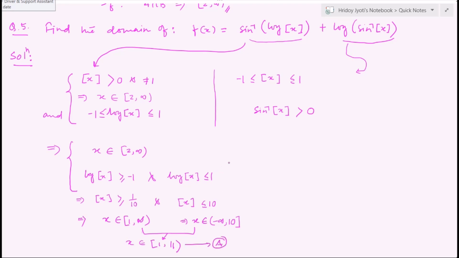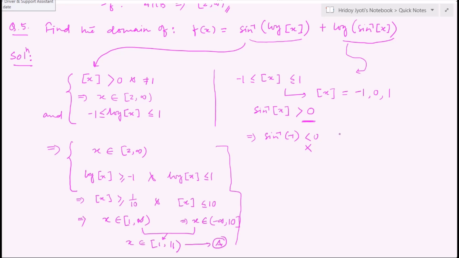Now we will go for the second function. This one will mean GIF of x is either minus 1, 0 or 1. Now sine inverse of minus 1, we know it to be less than 0, so it is not required because we are looking for positive values.